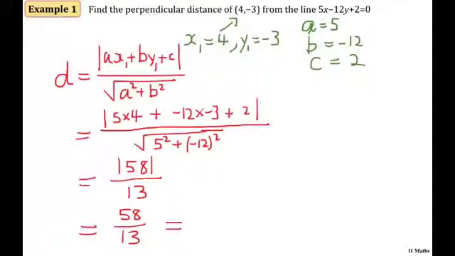Or, if you prefer, instead of using 58 over 13, you could say that's 4 and 6/13 units, and that's how far it is from the point to the line via the shortest distance or the perpendicular distance.